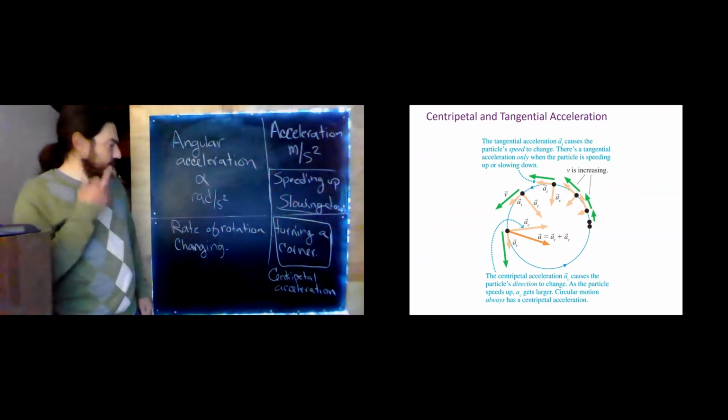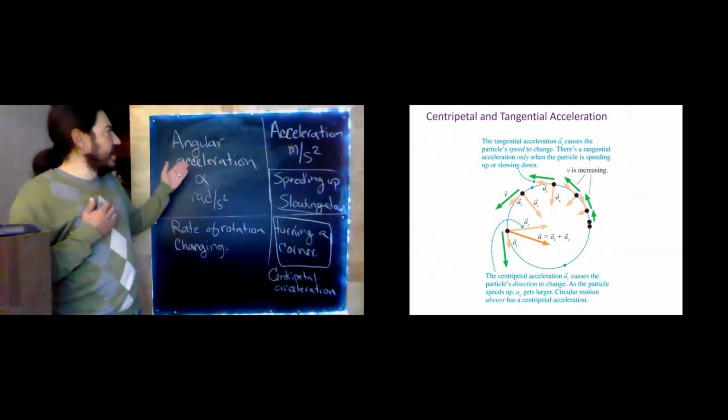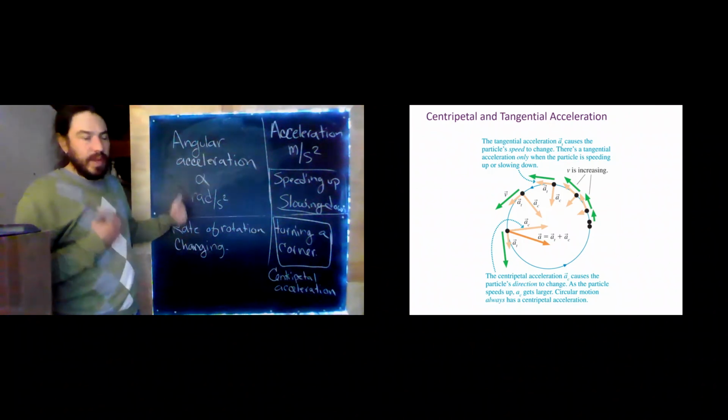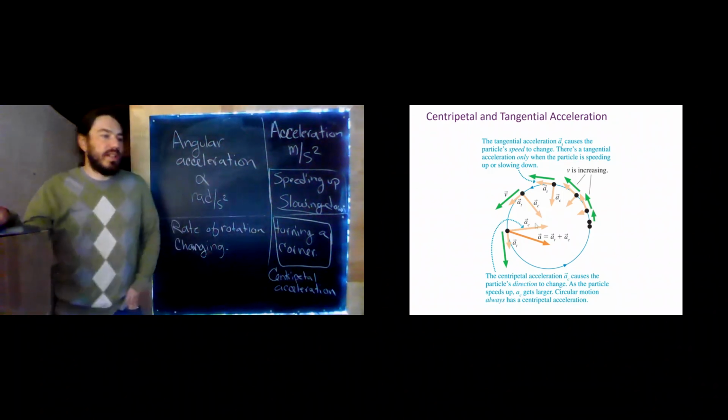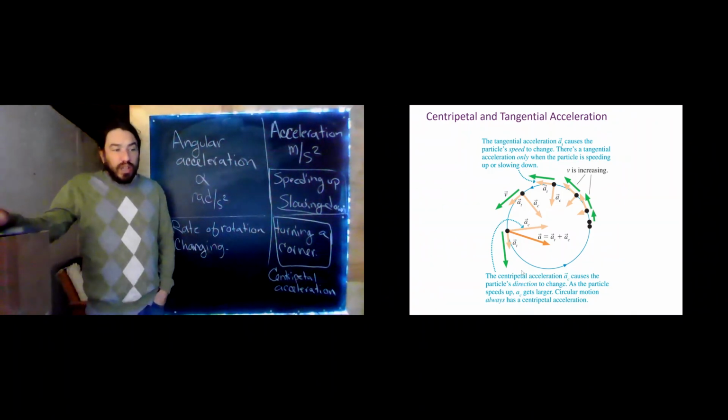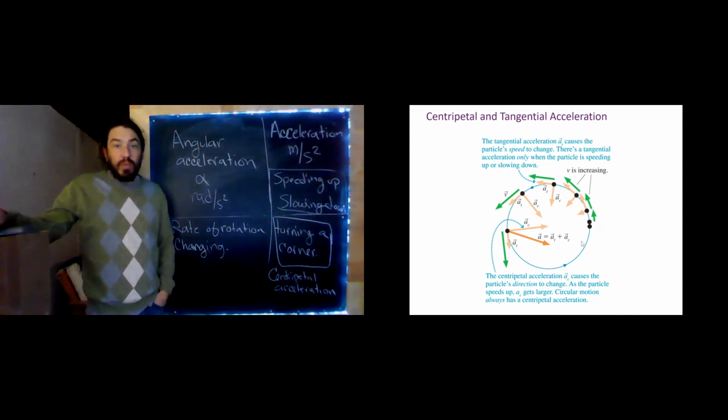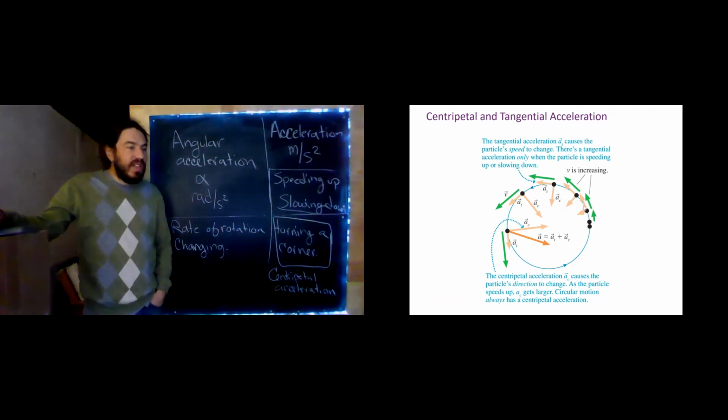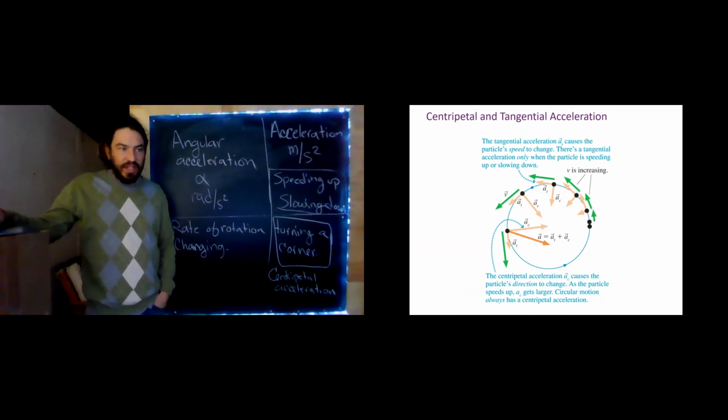The rate of rotation is changing, and that gives us an angular acceleration. This picture here can show us that for some particle, if the rate of rotation is increasing, then we could have all three kinds of acceleration. In this case, v is increasing, which gives us a tangential acceleration.